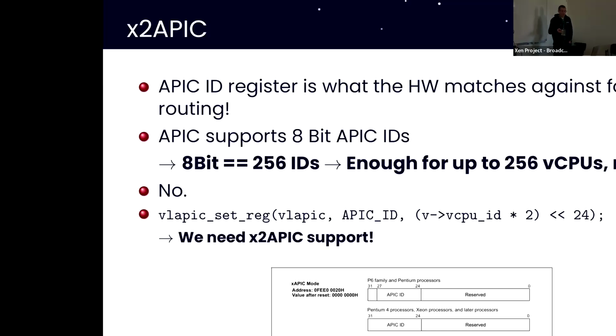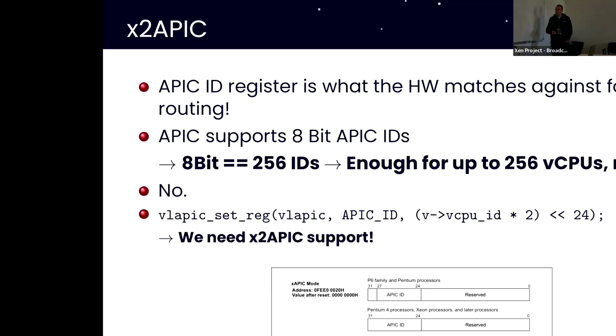The reason for this is that usually cores are packaged with hyperthreading, for example, with 2 threads, and core 0, thread 0 has APIC ID 0, and core 0, thread 1 has APIC ID 1. So the next core gets APIC ID 2. And this is why we need double the amount of IDs in order to support 128 vCPUs.